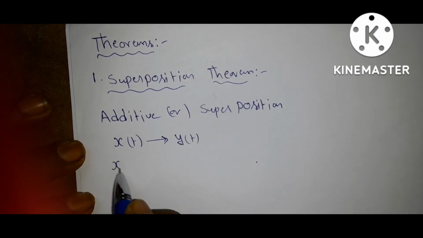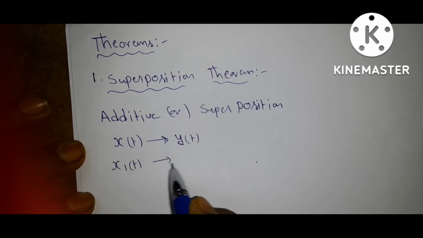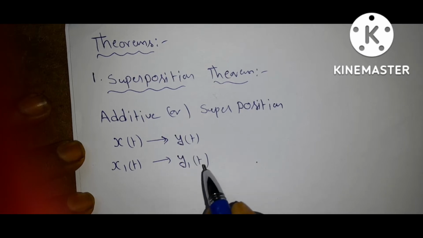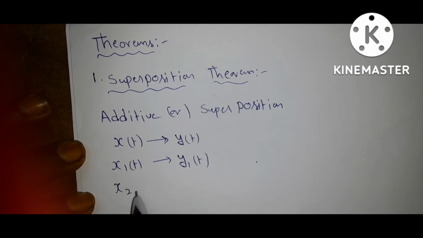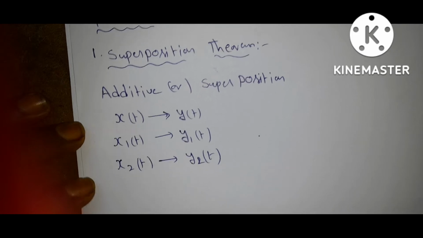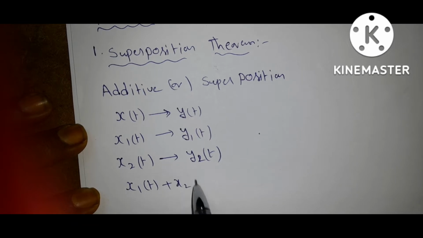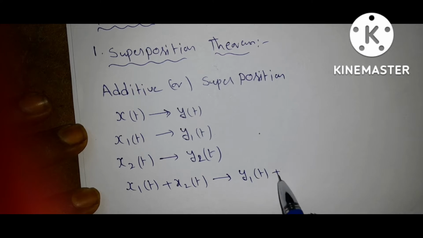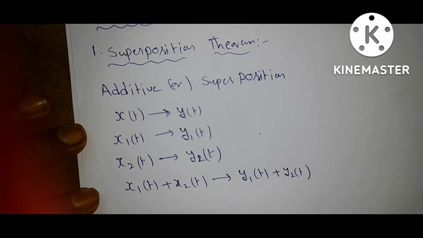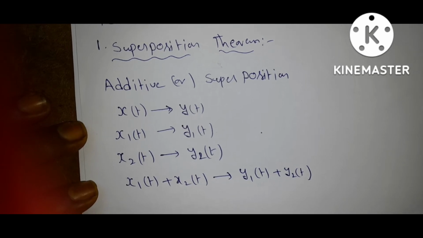If the input is x1 of t, the response is y1 of t. If the input is x2 of t, the response is y2 of t. Then according to the additive or superposition principle, x1 of t plus x2 of t gives y1 of t plus y2 of t.